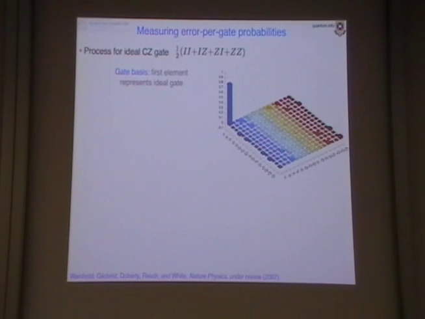And all the other elements along the diagonal represent do the ideal gate and then afterwards do a noise process. For example, do nothing to the control and a sigma x rotation to the target, all the way through to do the ideal gate and then do sigma z's on the control and target.